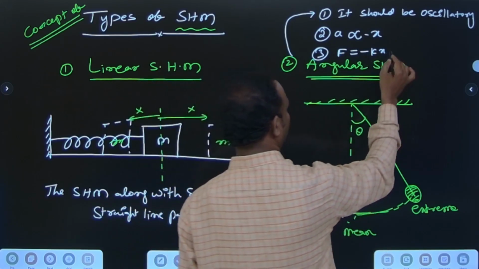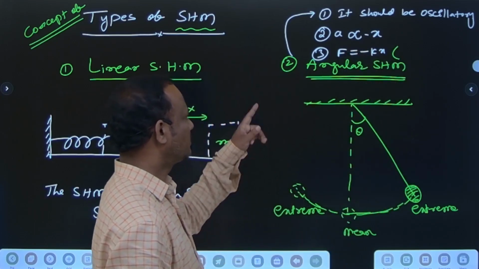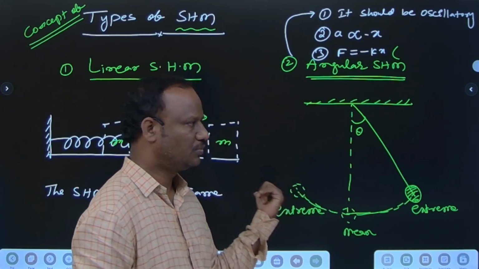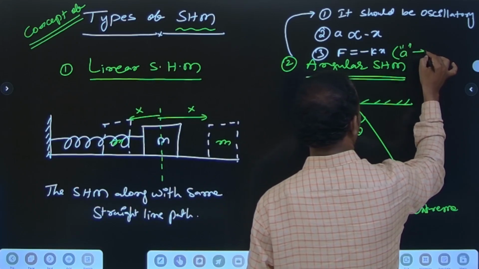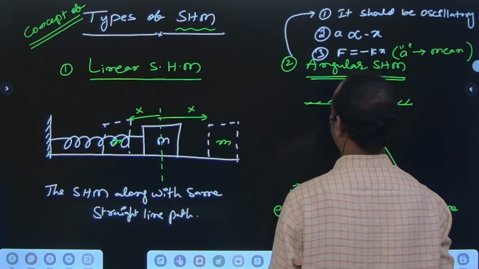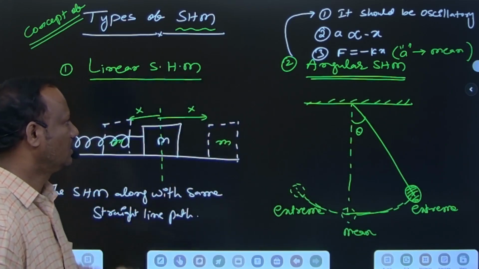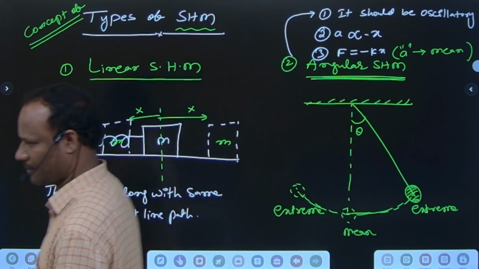One more point we can add: the acceleration of the particle executing SHM is always directed towards the mean position of the SHM system. So this is angular oscillation.